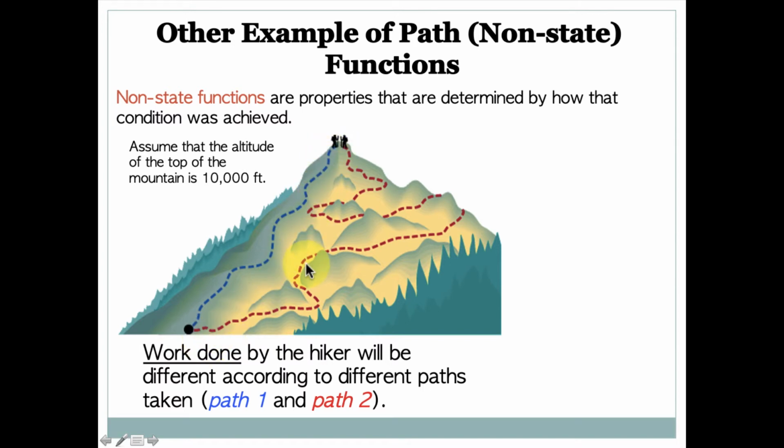And there are also properties of the system whose values will depend on the path that the system takes from the initial to the final state. Therefore, this is how you can differentiate the terms state function and non-state function.